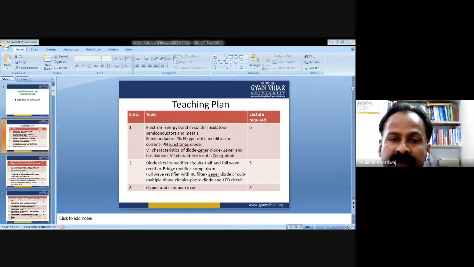And after getting the detail of semiconductor, we are going to introduce two types of semiconductors, that is, one is p-type and second is n-type semiconductor. How the formation of p-type and n-type semiconductors happens, and more in detail about the formation of depletion width, what the cut-in voltage is, what forward biasing is, what reverse biasing is, and all that.